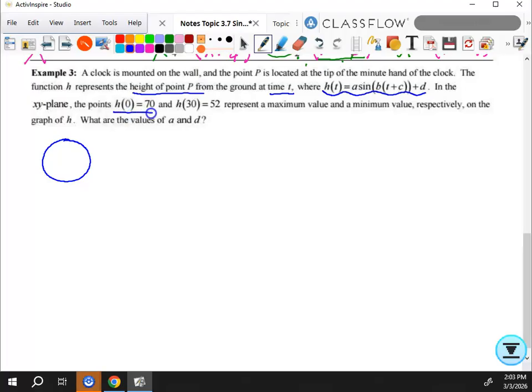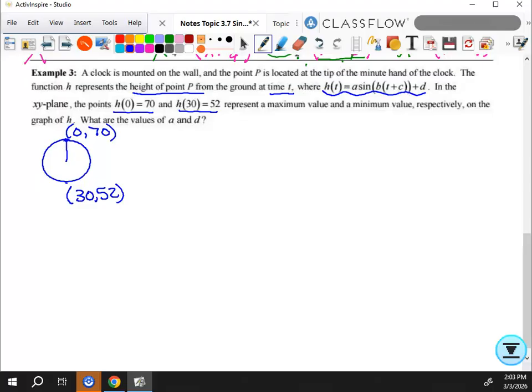Then h of 0 is 70, h of 30 is 52. And it goes on to say those represent a maximum value and a minimum value respectively on the graph of h. Okay, so here's the minute hand of the clock. This is 0, 70. That's a maximum. Minimum is 30, 52.